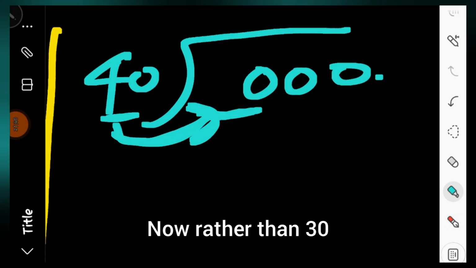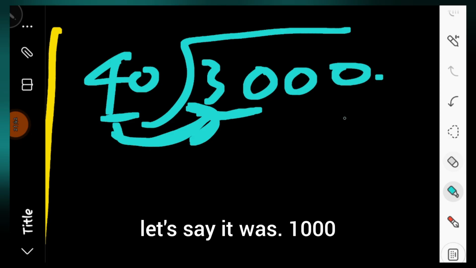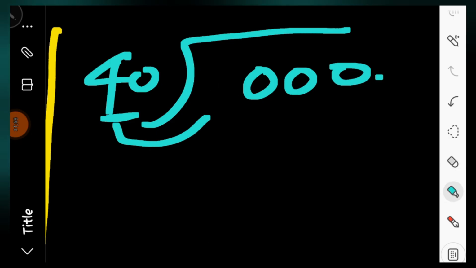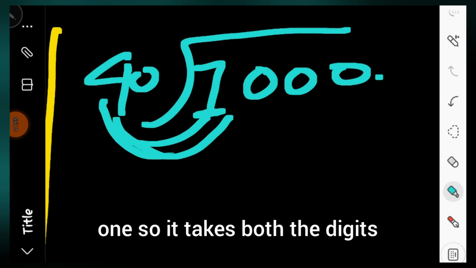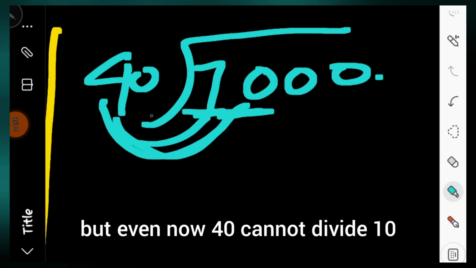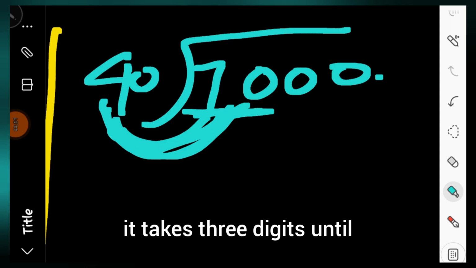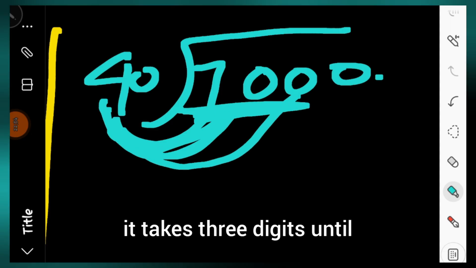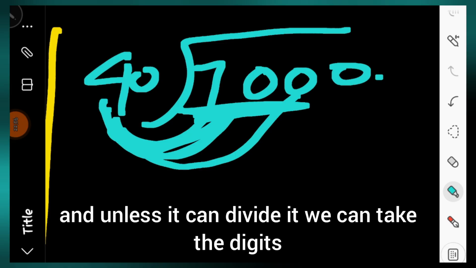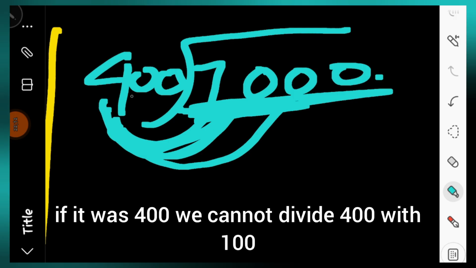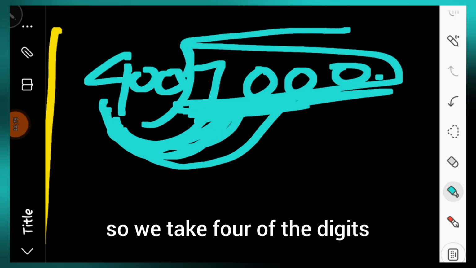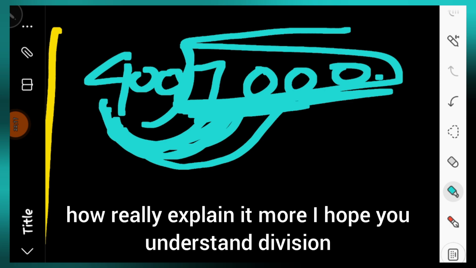Now rather than 30, let's say it was 1000 divided by 40. Now 40 cannot divide 1, so it takes both digits. But even now 40 cannot divide 10, so it takes 3 digits. Until it can divide, we keep taking digits. If it was 400, we cannot divide by 1000, so we take 4 of the digits. That's how it works. I don't know how really to explain it more.